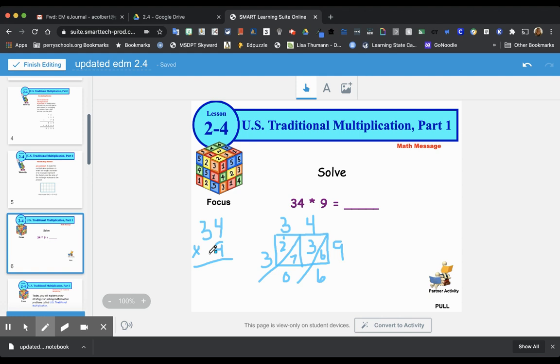Same thing over here. I would take 9 times 4, and I could say 36. And notice I'm carrying that 3 over. The 9 times 3 is 27, plus 3 would give me 30. And either way, any way that you do these multiplications, we still get the answer. So whatever method you used, this was just a nice little warm-up.